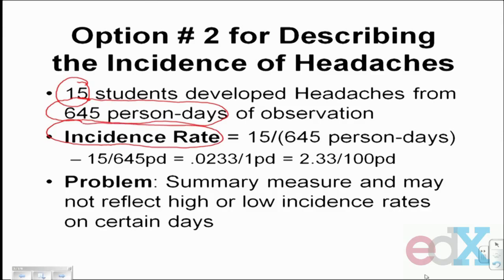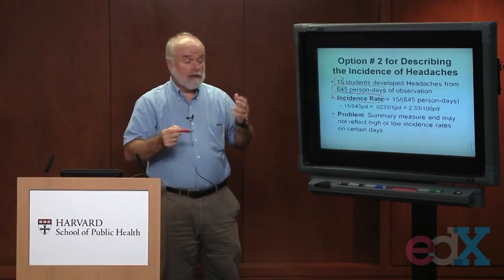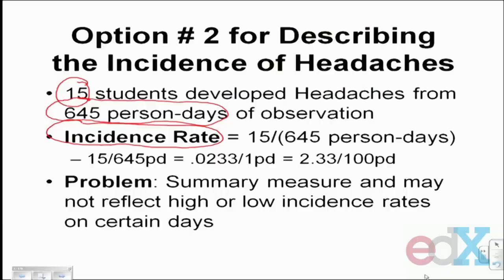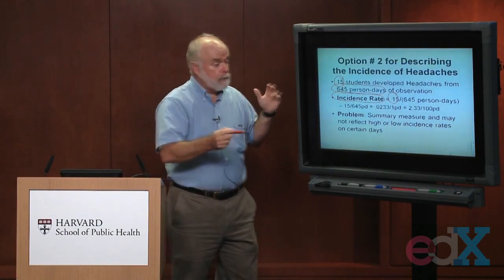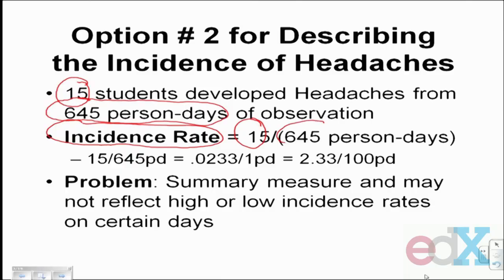as a ratio, something divided by something else, where in the numerator we put the number of cases that developed, 15, but we're not putting that over a denominator of 100 people, we're putting it over a denominator of 645 person days.